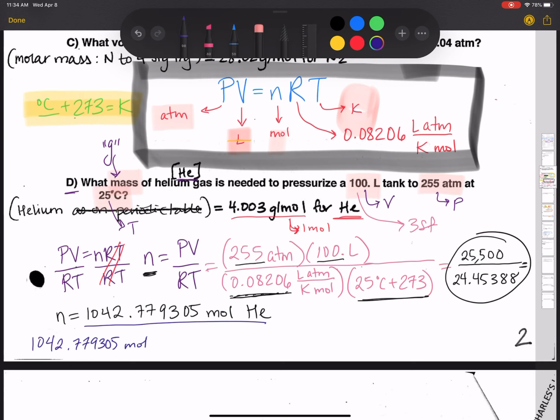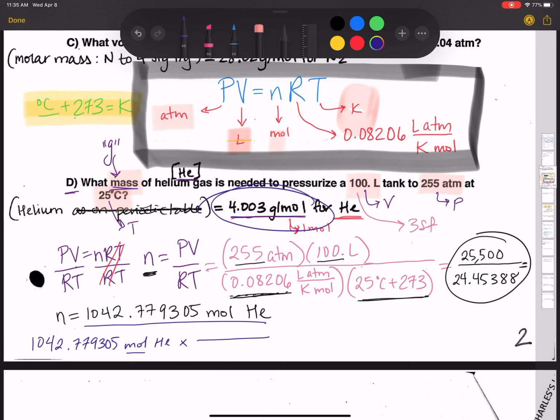Remember, this is moles of helium. And now what I need to do is multiply it by my molar mass. So this is where the value that they gave me in the question comes in. Remember, this is 4.003 grams per mole. That's going to help me cancel out moles and be left with grams, which is what I want because they're asking for mass. I want my units to cancel. So remember, if it's 4.003 grams per mole, that's always worth 1 mole.